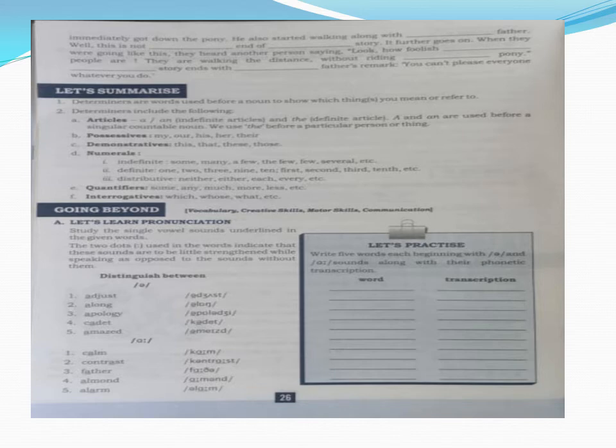Then we have amazed. Then in the second row we can see that here a sound is there. Calm, contrast, father, almond, alarm. So there are different sounds given to improve your vocabulary as well as the correct pronunciation. Okay, so I hope you will understand and you will write a few words using these two distinct sounds. Okay, now we'll turn to page number 27.